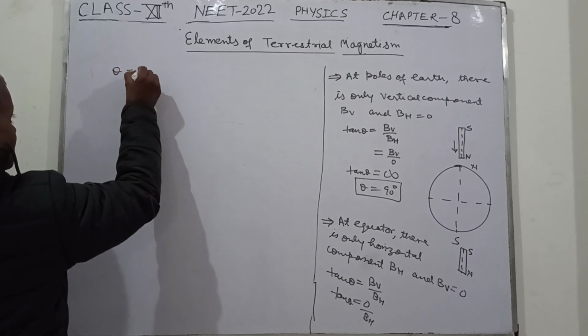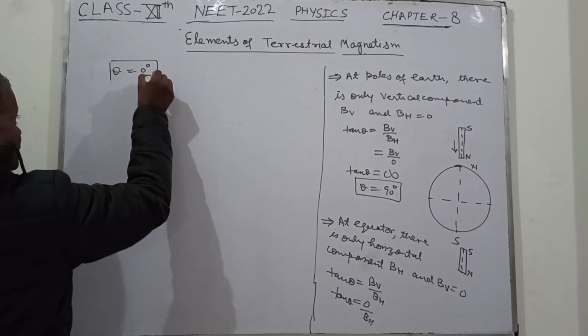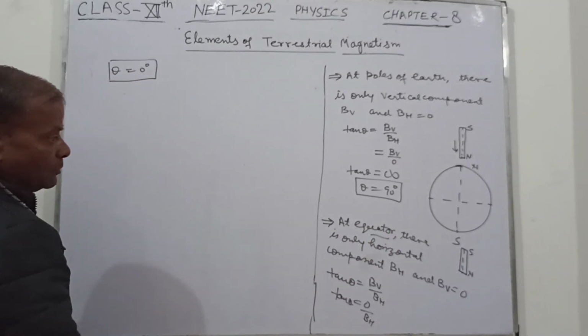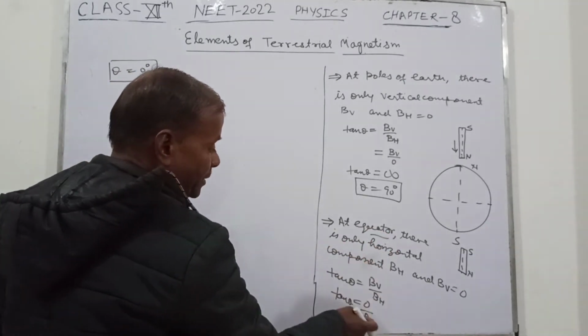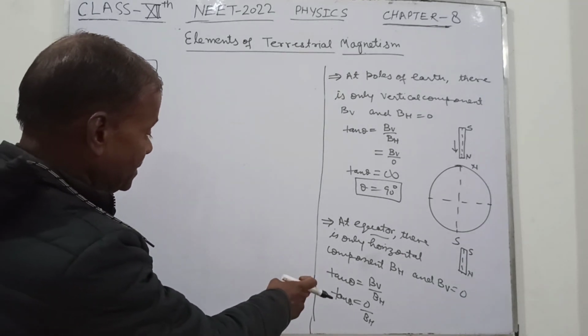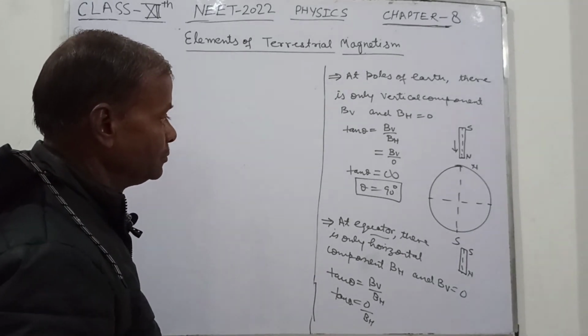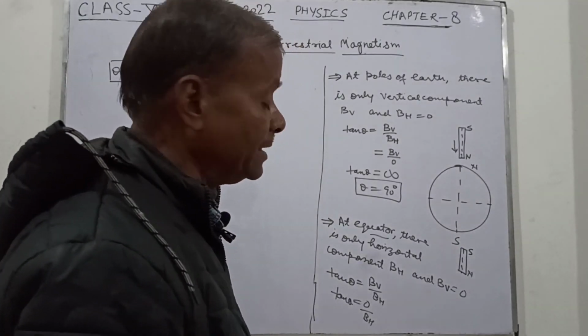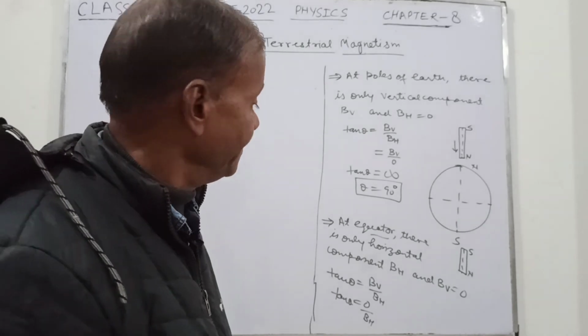So theta equal to 0 degree. So this is at the equator. At the equator there is only the horizontal component and the vertical component is 0. So at the poles theta is 90 degree and at the equator it is 0 degree.